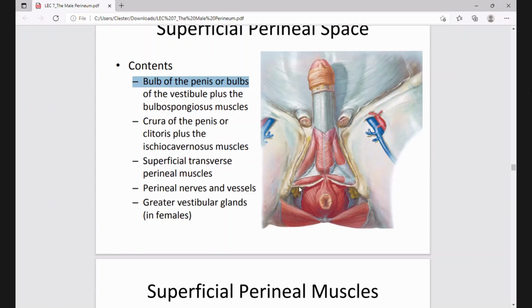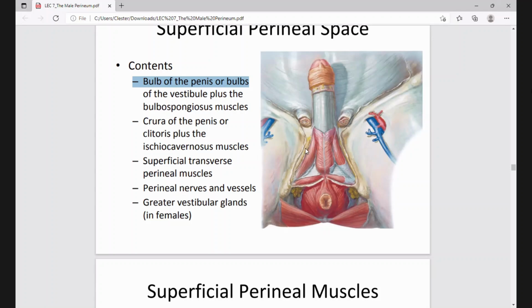We also see the superficial transverse perineal. So bulb of the penis, the crura of your ischiocavernosus, superficial transverse perineal. All of this we see in the superficial pouch of the male.